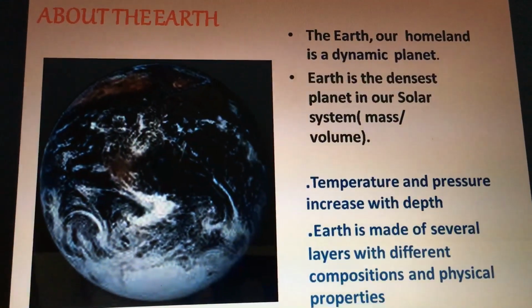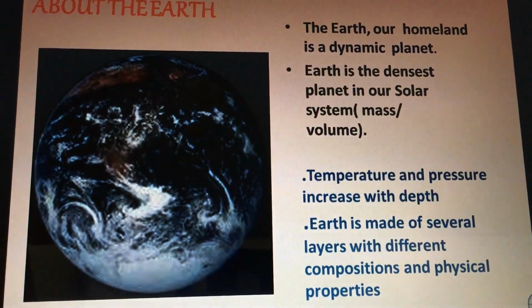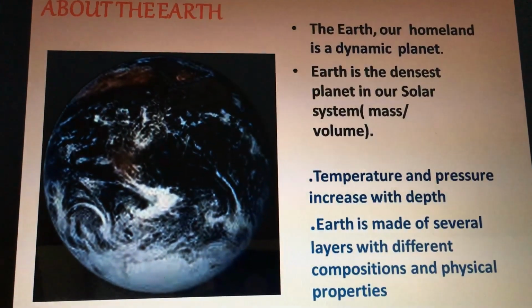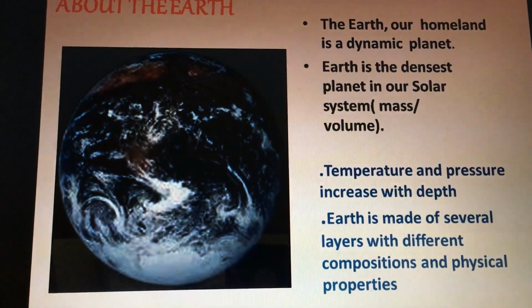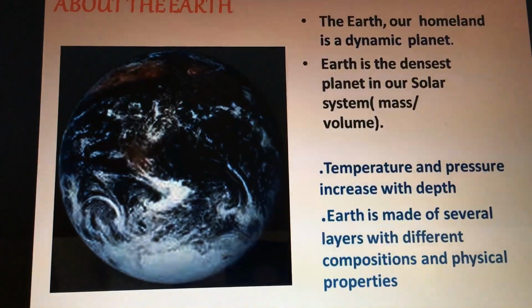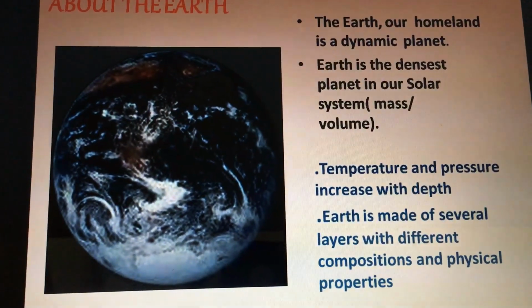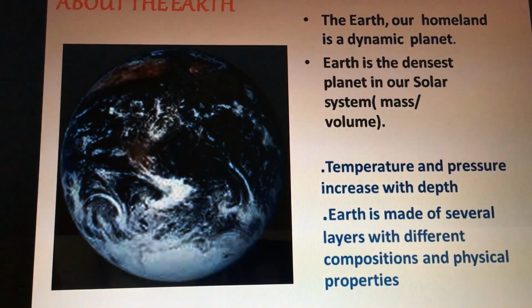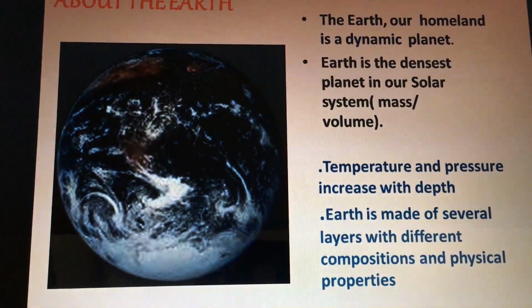The Earth, our homeland, is a dynamic planet. Why is it called a dynamic planet? Because it undergoes lots of changes from inside to outside, and it is even the densest planet in our solar system in accordance with mass and volume.